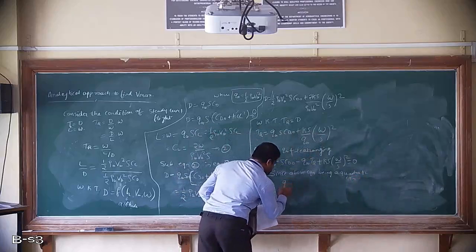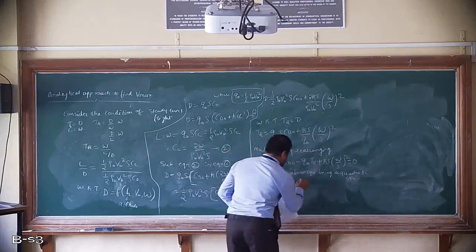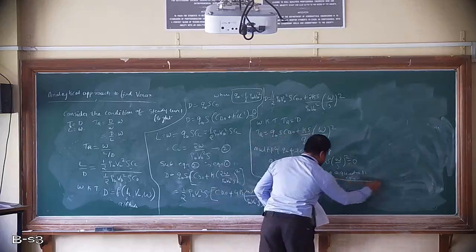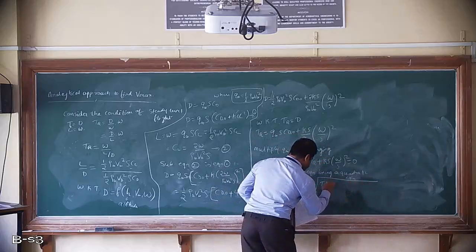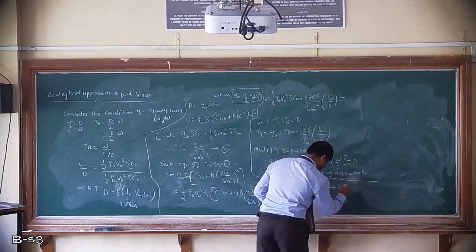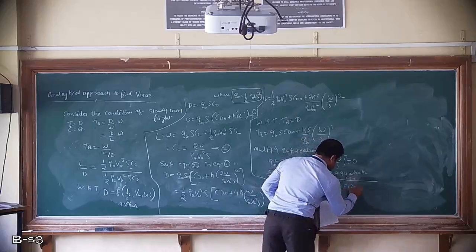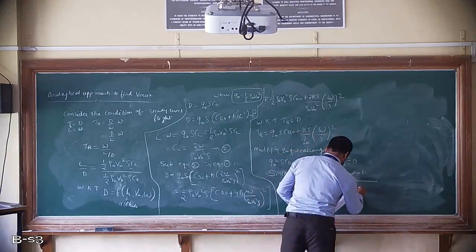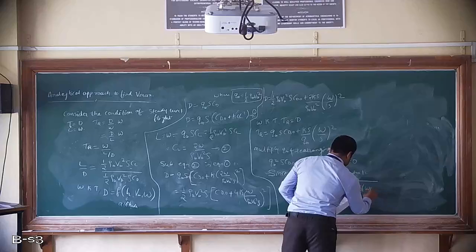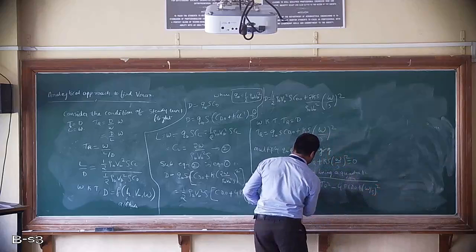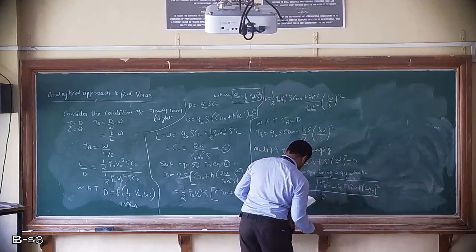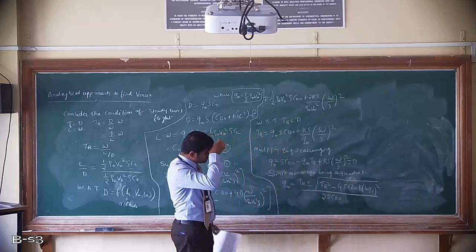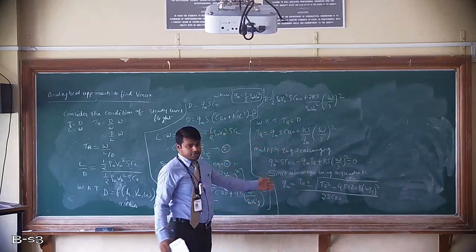Then we will get Q infinity equals TR plus or minus square root of TR square minus 4 S CD naught, plus 4 S CD naught K (W by S) whole square, divided by 2 into S CD naught. So this expression we will get. Okay, quadratic equation. Fine.